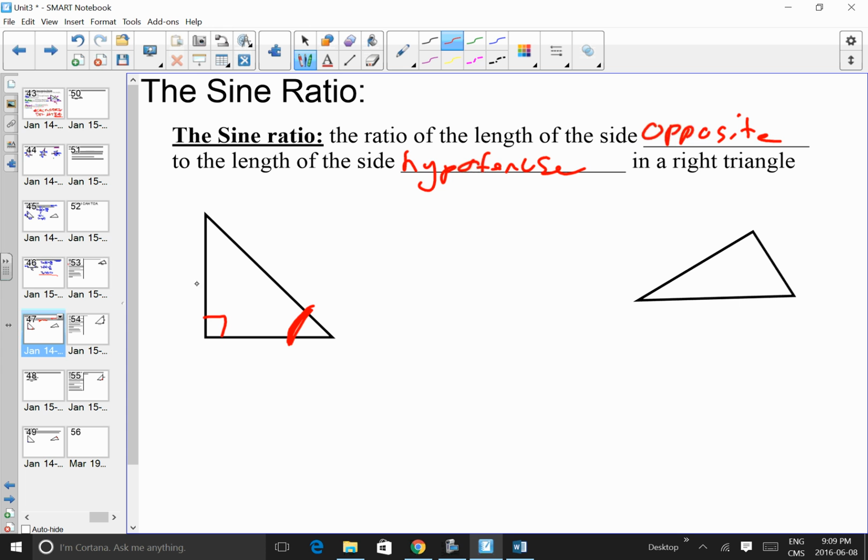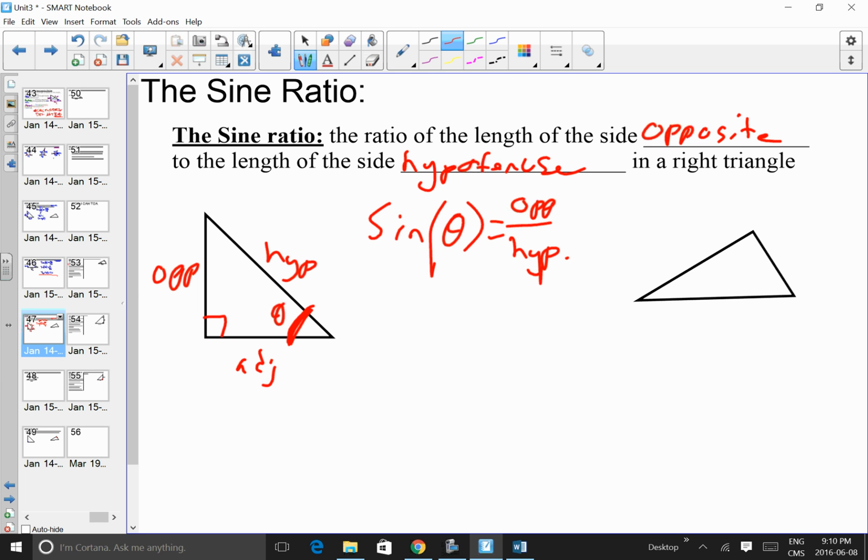So this will be my opposite, this will be my adjacent, pardon me, and this will be my hypotenuse. Call this theta. So the formula for the sine of some angle will equal my opposite side divided by my hypotenuse.